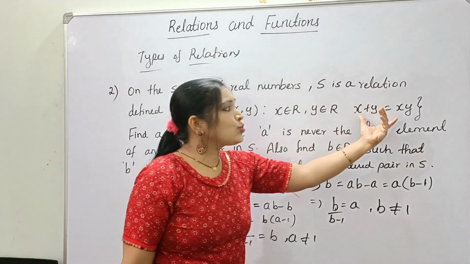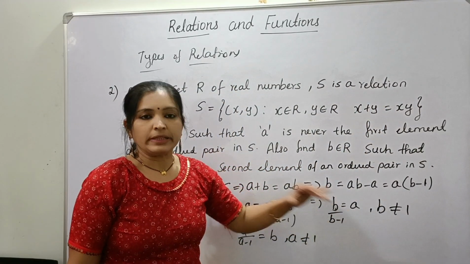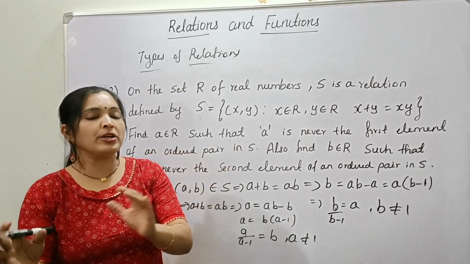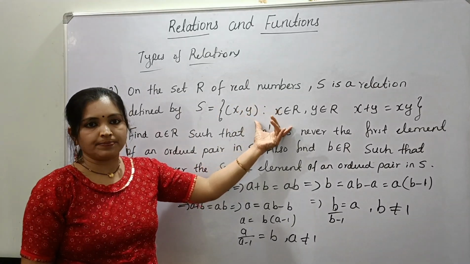Because according to our condition, A should not be 1 and B should not be 1. Therefore, here we have to find the value of the first element and second element which is never the first and second element of an ordered pair in S.